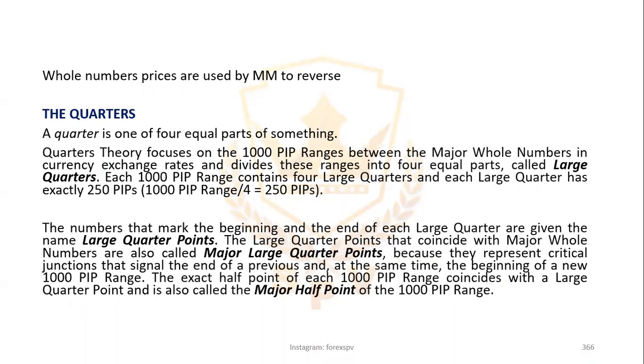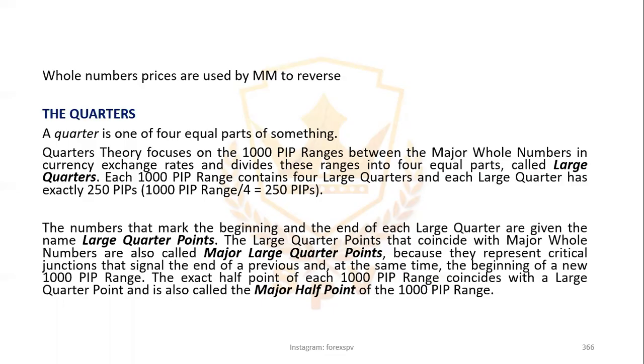Okay, so quota theory. In quota theory, we are going to learn about the whole number prices. These whole number prices are usually used by the market makers to reverse the market.